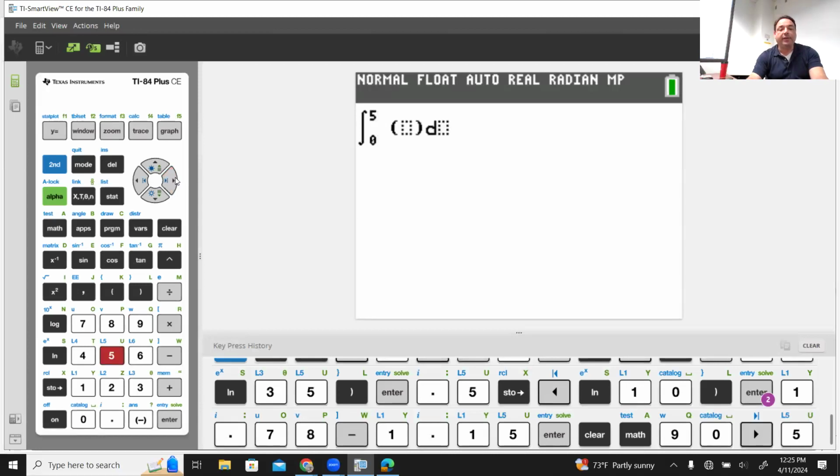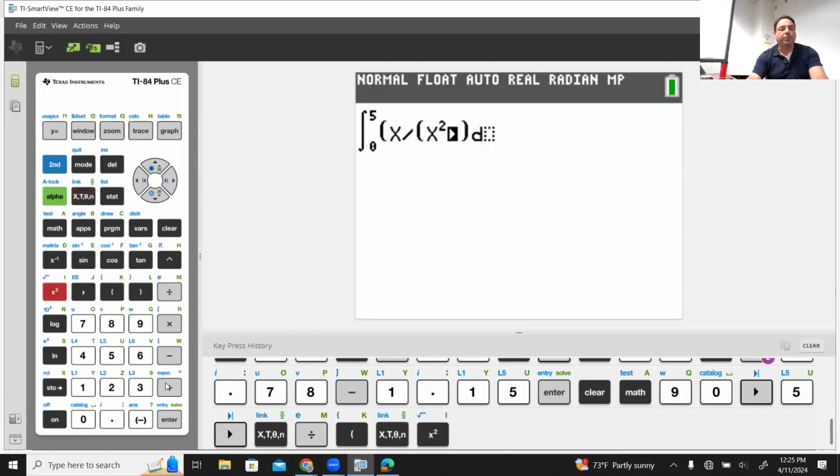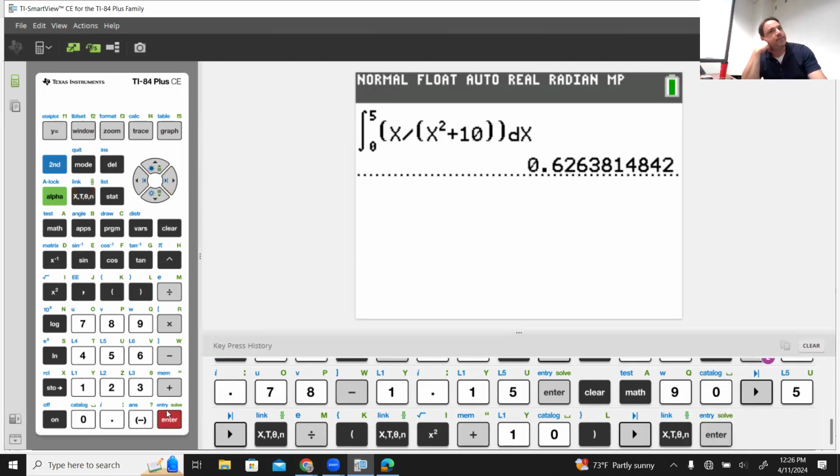And the very original that I gave you was x divided by parentheses. Those parentheses are going to matter. X squared plus 10, close parenthesis, and then end with an x, and you should get 0.63. Everything works out.